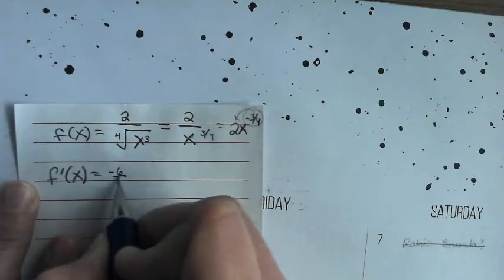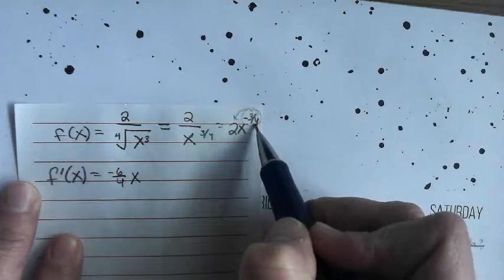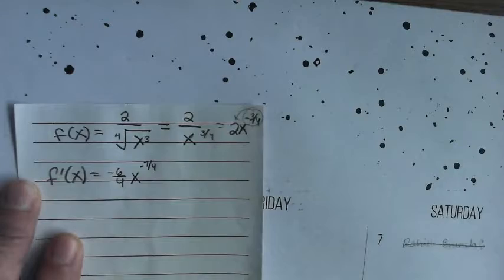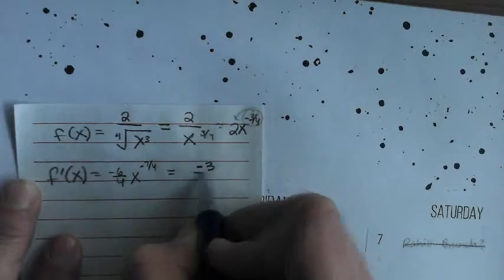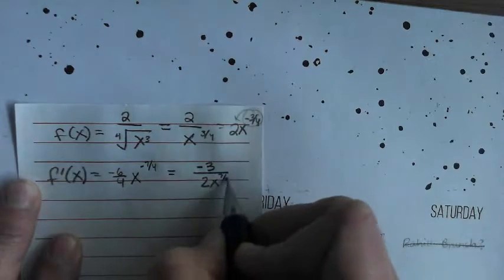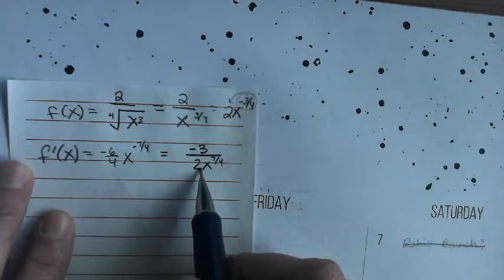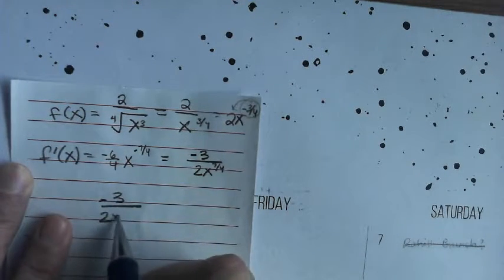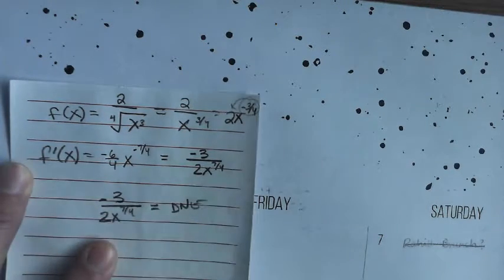That's going to be negative 6/4 x to the, and this subtract 1, in other words, subtract 4/4 would make negative 7/4. Yes? Clean back up would be negative 3/2, and then x to the 7/4 would be brought to the denominator. So when would this be undefined? So negative 3 over 2x to the 7/4, when would that equal does not exist?